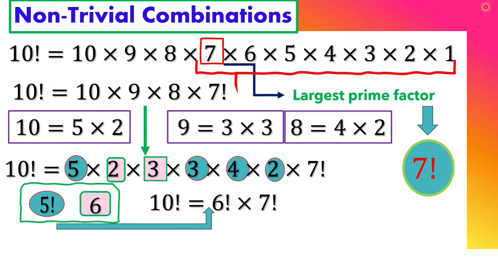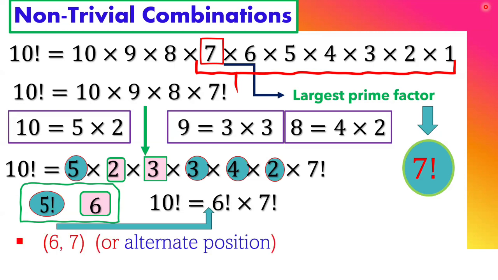So therefore, we have 10 factorial is equal to 6 factorial multiply 7 factorial. So the combination of a and b is 6 and 7, or alternately 7 and 6.